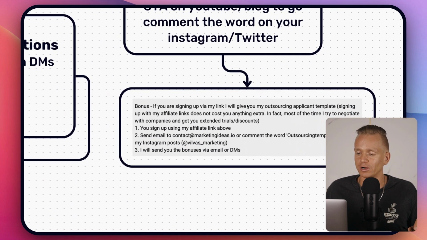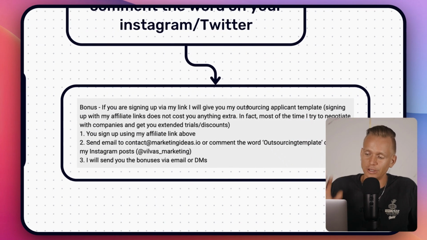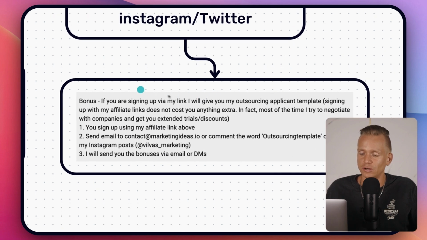I have a little example here as well. This is my YouTube description, or a comment that I leave under some of my videos, where I have bonuses. For a lot of the software that I use and recommend to other people, I usually have some sort of discounts that I have agreed with the companies to provide to my audience, but I also usually have some sort of bonuses.